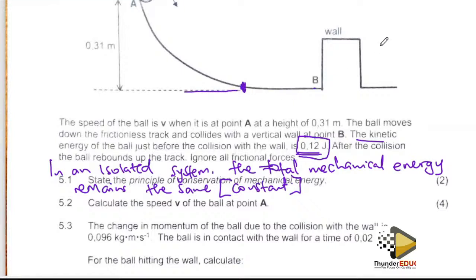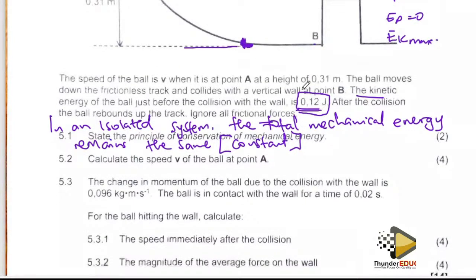We know that EP is mass, the force of gravity, and then the height. So at this point, where it starts rolling along the horizontal, there is 0 EP. What is there is the EK max, maximum kinetic energy at that point when it hits the wall. So I might use this 0.12.